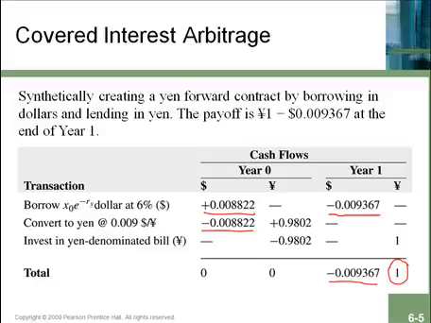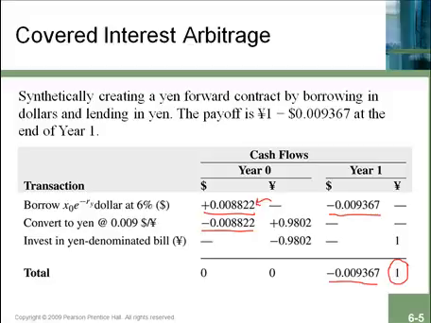Well, the answer is we borrowed this money. Remember, we borrowed $0.008822 to set up the position. And since the risk-free interest rate in our home country is 6%, we have to repay that loan.